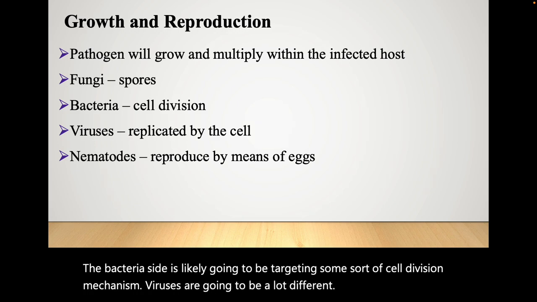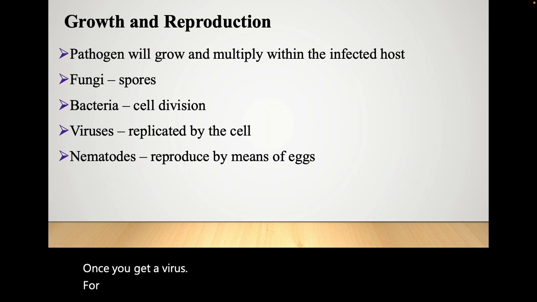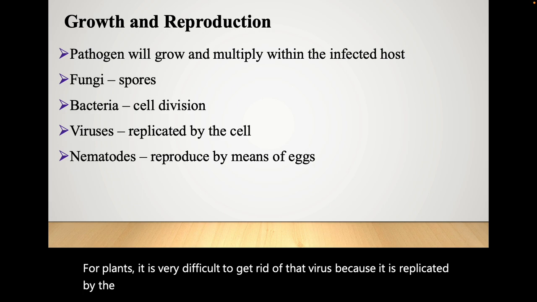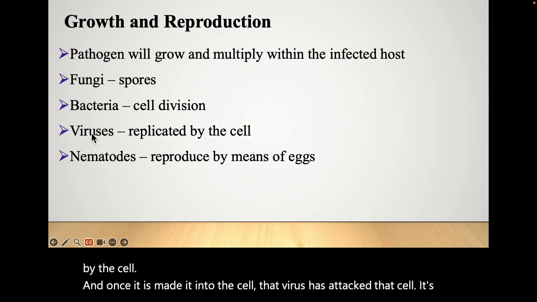Once you get a virus in plants, it is very difficult to get rid of that virus because it is replicated by the cell. Once it has made it into the cell, that virus has attacked that cell, it's actually in the DNA.